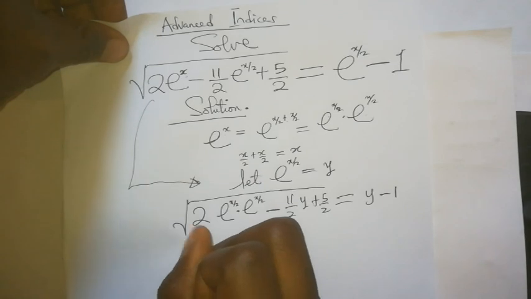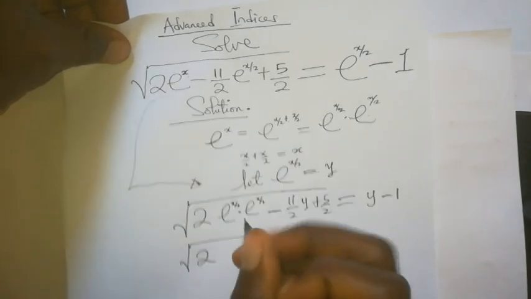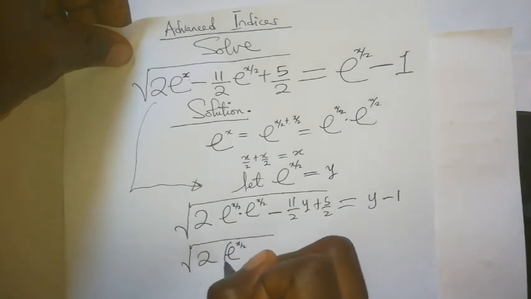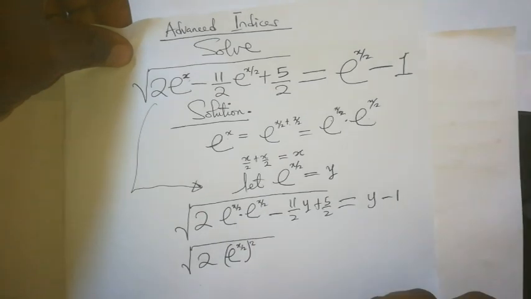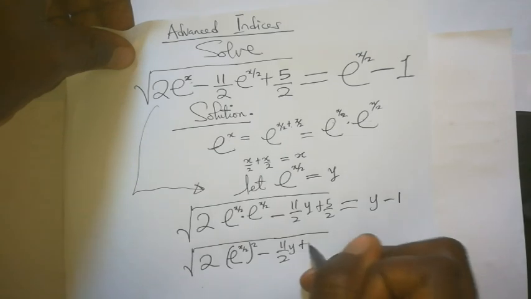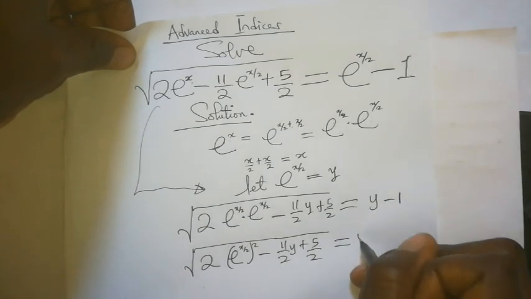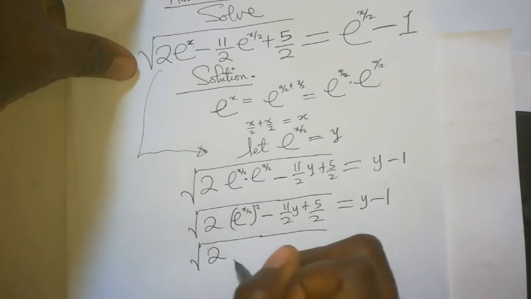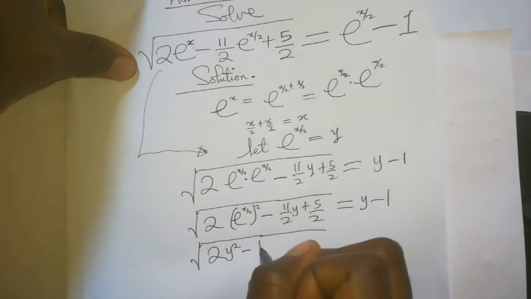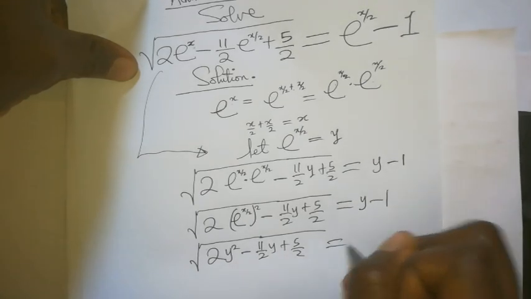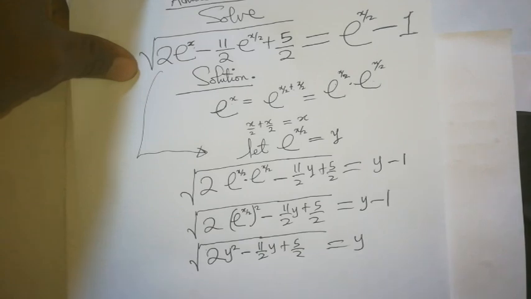So the square root of 2, this e to the power of x over 2, can be y square, minus 11 over 2y plus 5 over 2 is equal to y minus 1. You get it? So the square root of 2y square minus 11 all over 2y plus 5 over 2 is equal to y minus 1.